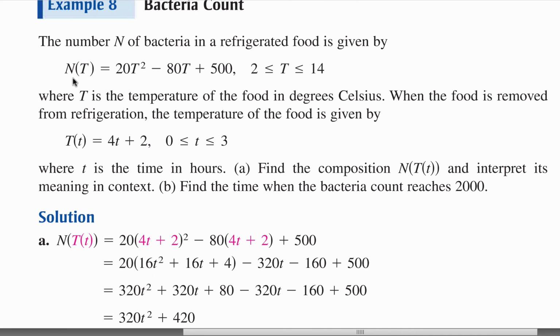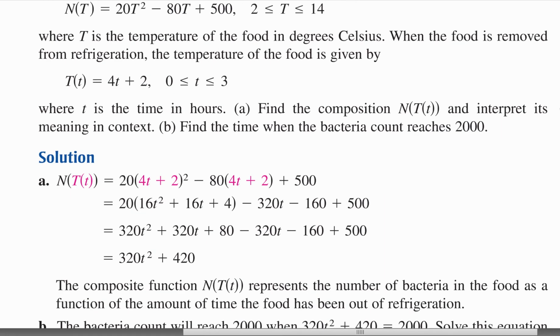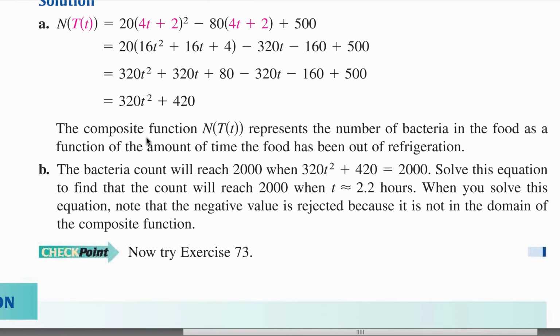But now that we've done the composition, this is the bacteria count as a function of no longer temperature, but time.